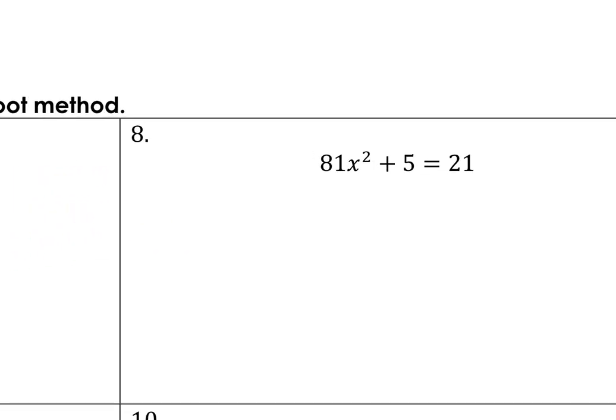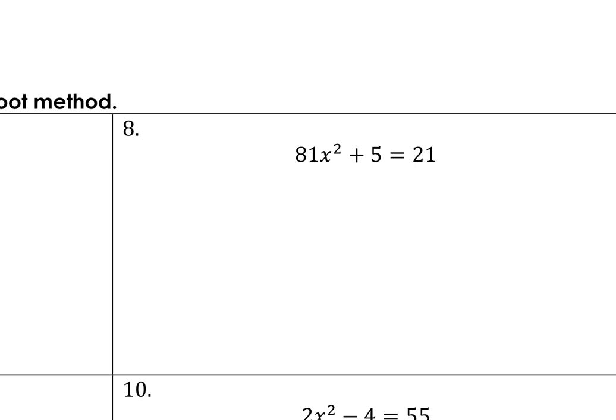Number 8, 81x squared plus 5 equals 21. So again, if we're going to use that square root method, which we can do because there's no x to the first, there's no bx term, but I need to isolate x squared. So I'm going to use inverse operations just like you would with any type of equation where I need to move over the constant first and then the coefficient. So the first thing I'm going to do is subtract the 5.